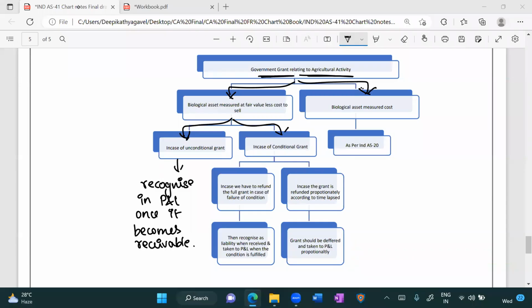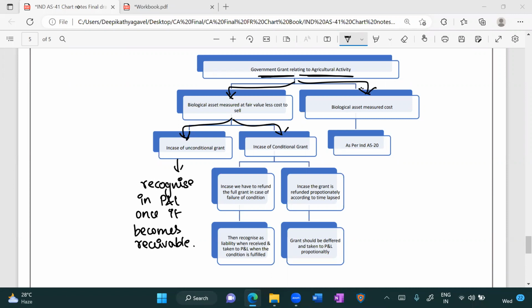So in government grants, if a grant is being received for an agricultural activity, first see whether the biological asset is being measured at cost or at fair value less cost to sell, right? If it is measured at fair value less cost to sell, then you need to check whether it's an unconditional grant or a conditional grant.